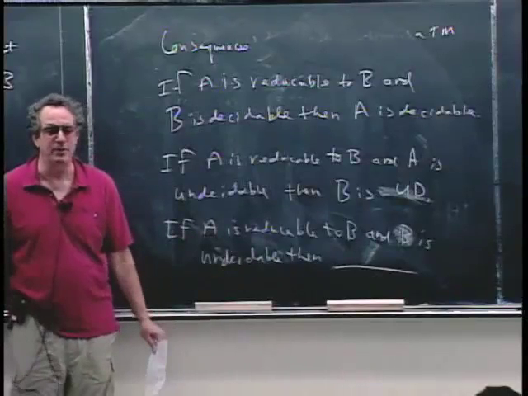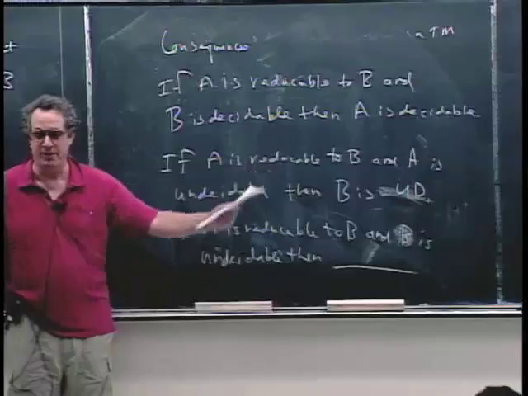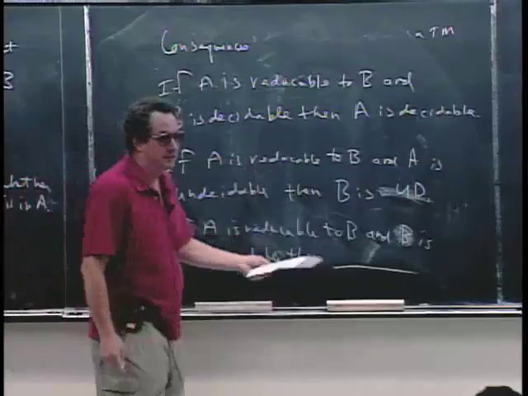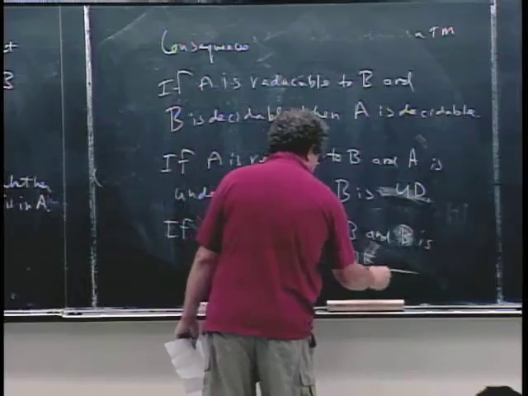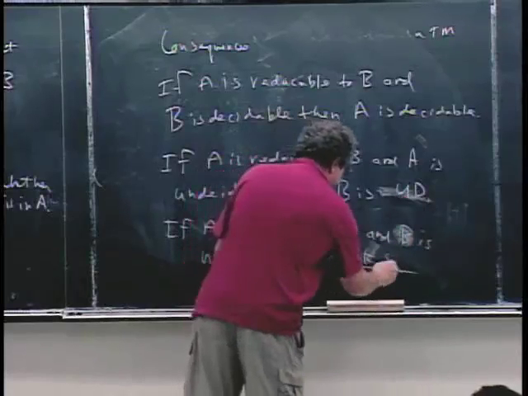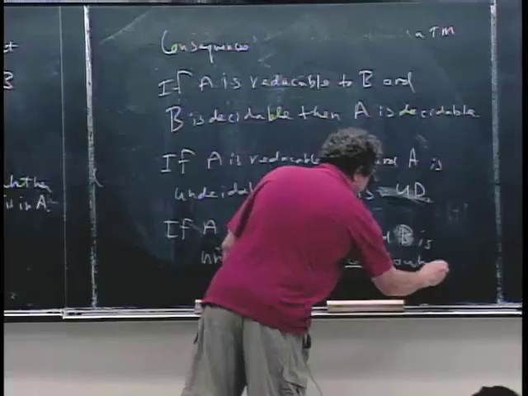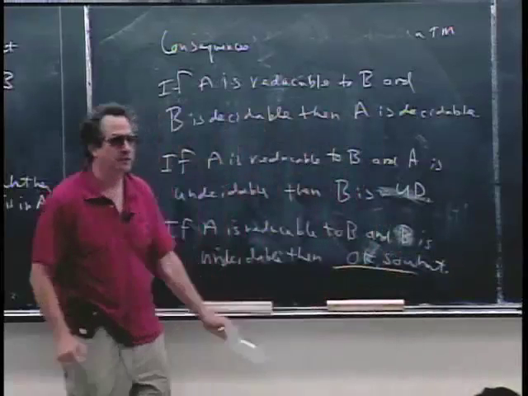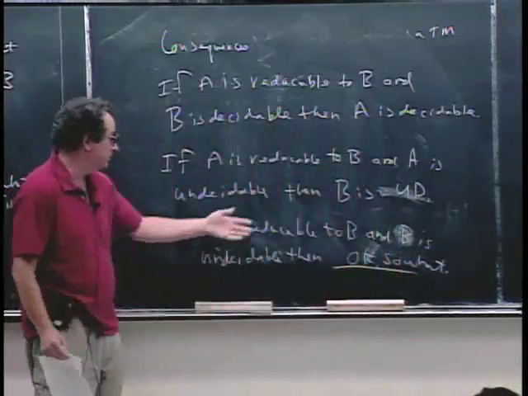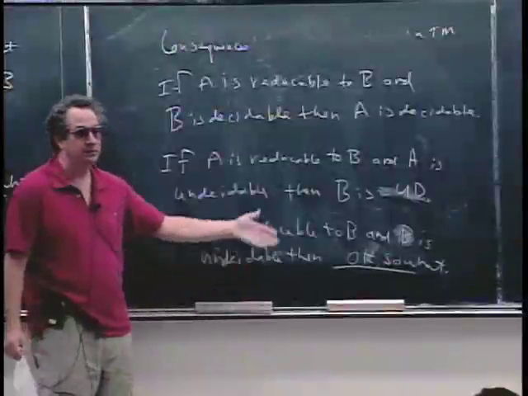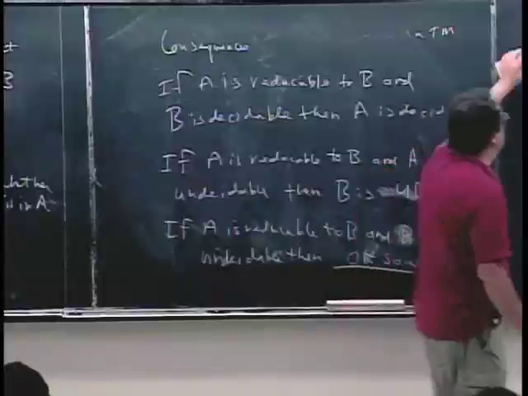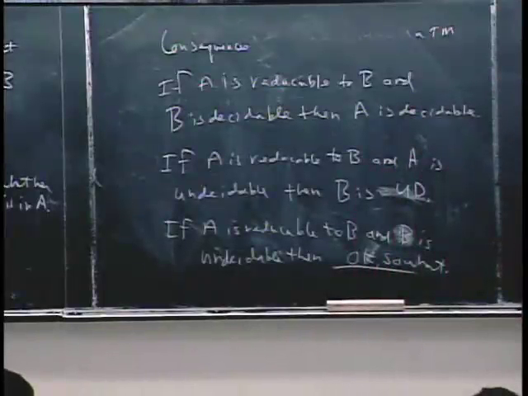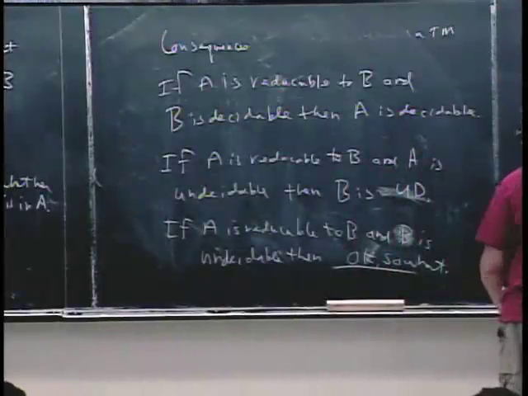Here I was hoping that nobody would answer, and I would say, that's the right answer. Yeah, this means nothing. It can certainly happen that A is reducible to B and B is undecidable, but it doesn't really mean anything. All right, good answer. All right, so we're going to exploit this one, though.